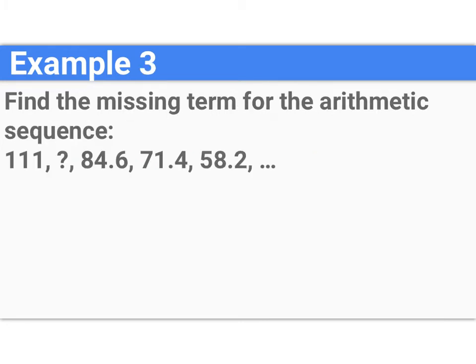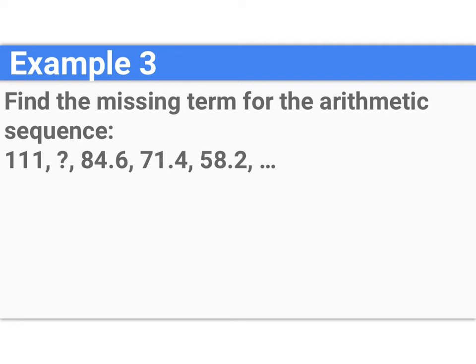So example 3, find the missing term for the arithmetic sequence. So in an arithmetic sequence, we are adding and subtracting. In a geometric sequence, we're multiplying and or dividing.